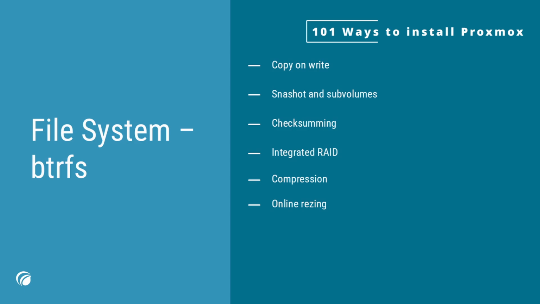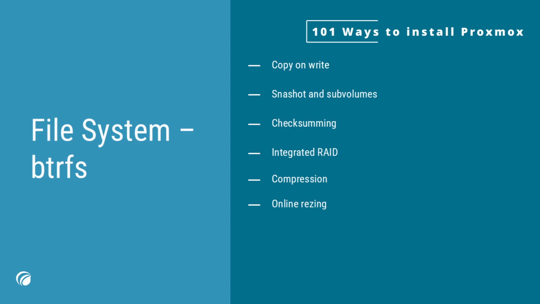COW features make sure that all data and metadata are written in that fashion, which improves data integrity and enables fast snapshotting and clones. A snapshot allows for a point-in-time copy of the file system or subvolumes, which is done instantly. And subvolumes allow for logical partitioning, which can be managed independently.